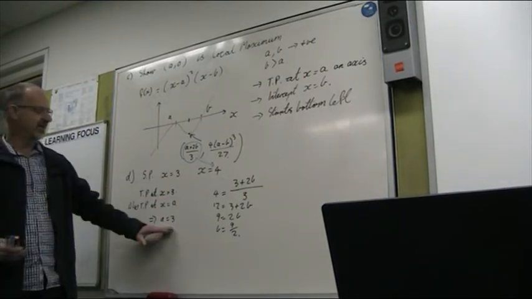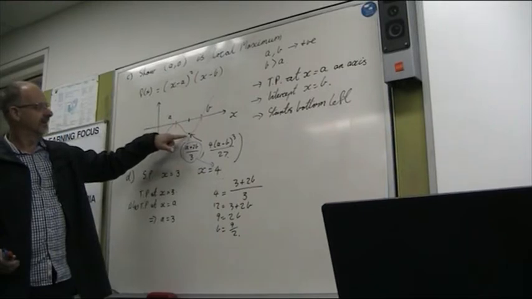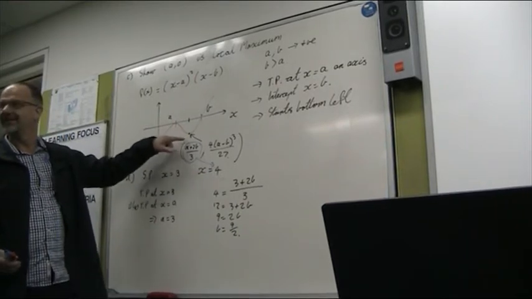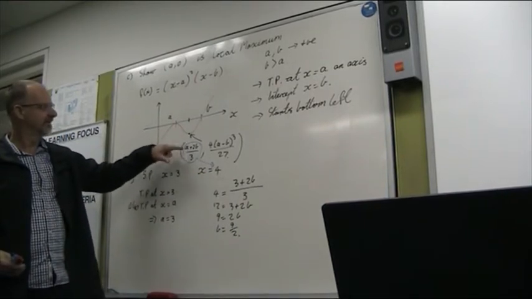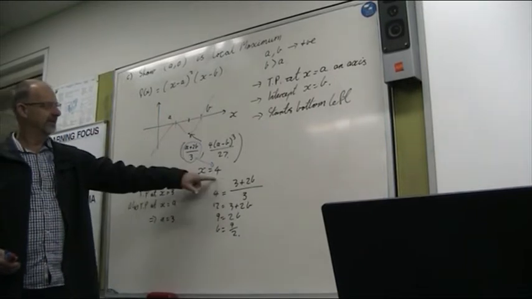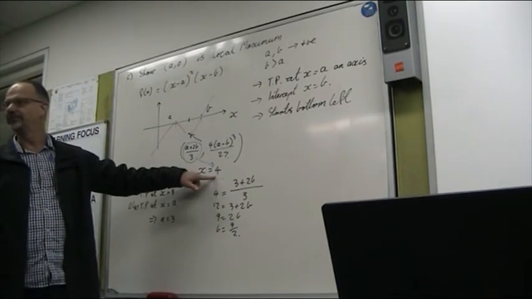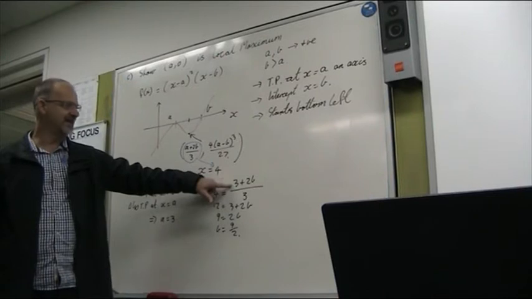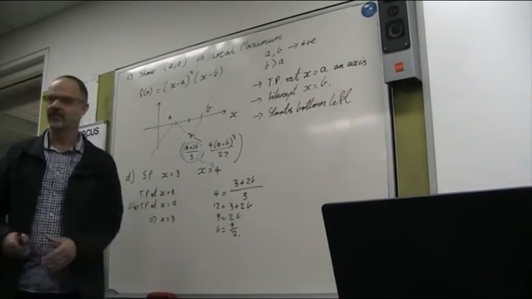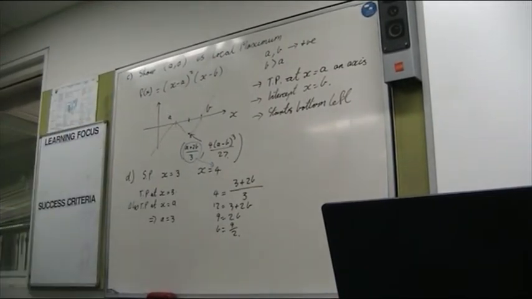And then once we found a is 3, the other turning point is got to be at x equals 4. There are other ways of doing it, but in this case, that one's probably easier.